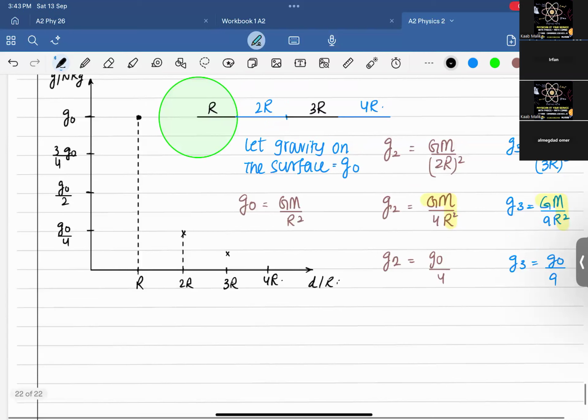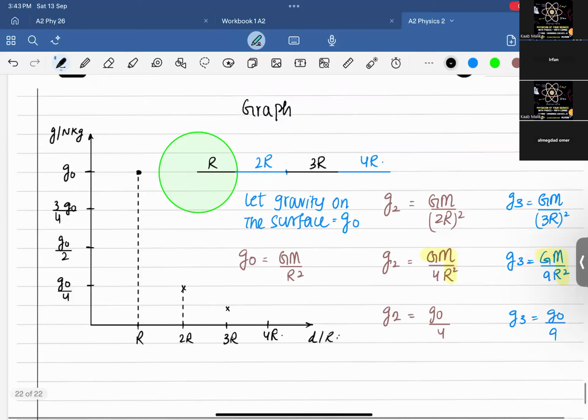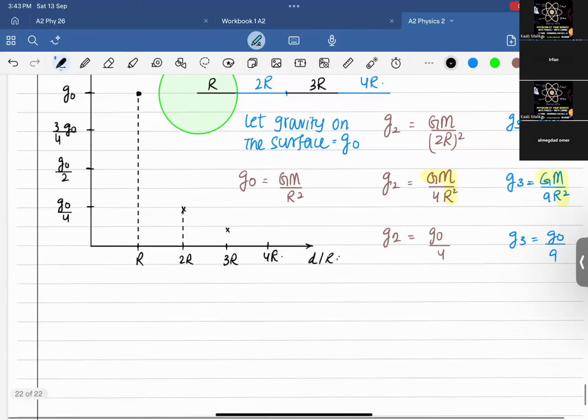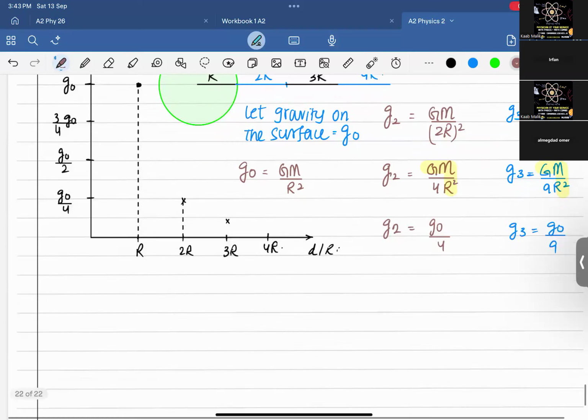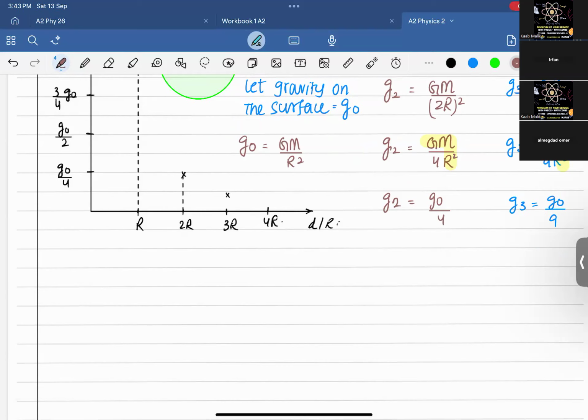If you do the similar working for the fourth value, at 4r, you should do GM over (4r) squared, and then GM over 16r squared.